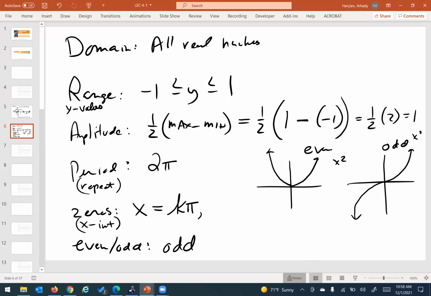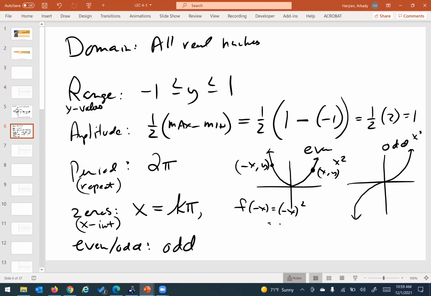What happens with odd and even functions, this is the connection to the definition: notice if I have a positive x, positive y, I also have a negative x, positive y. If this function was x squared and I plug in a negative into my function, guess what happens?